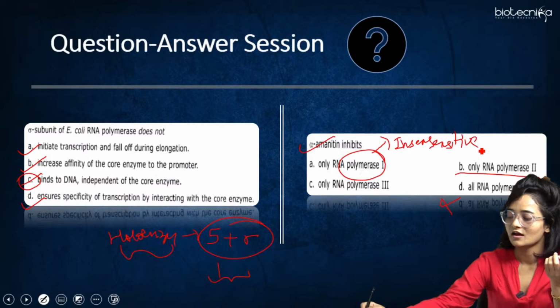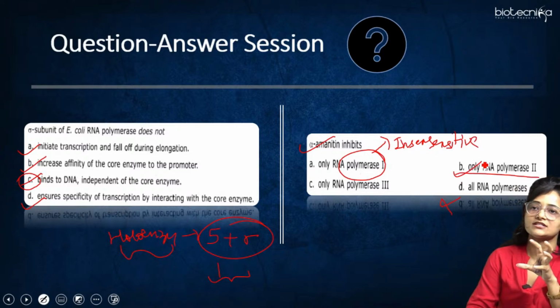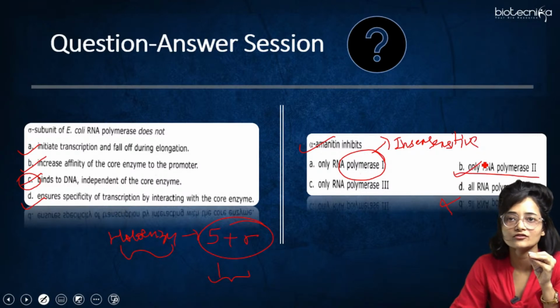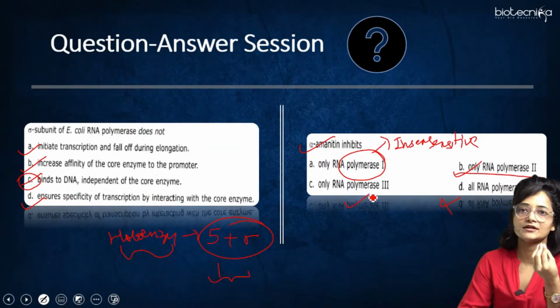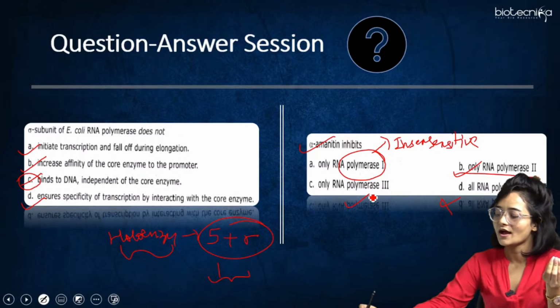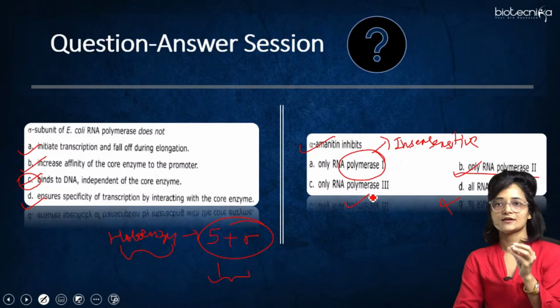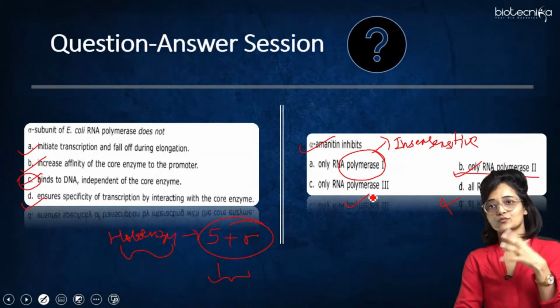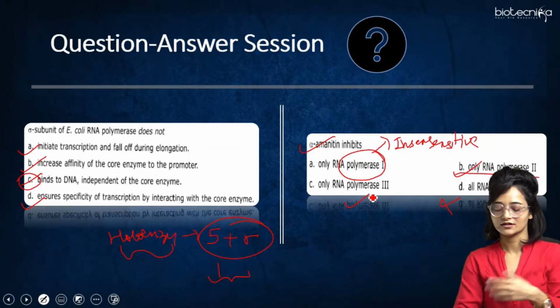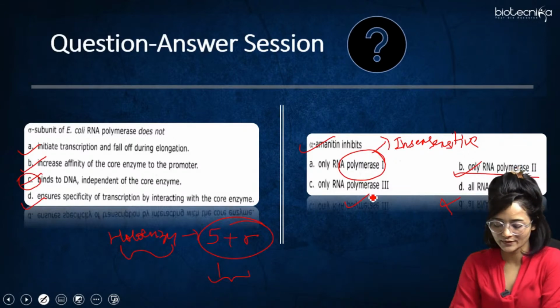But RNA polymerase 2 is very much sensitive even if a small amount of alpha amanitin is present in the solution. For polymerase 3, it requires a little bit more, but polymerase 2 is the major enzyme which is sensitive to alpha amanitin. So option B would be correct.